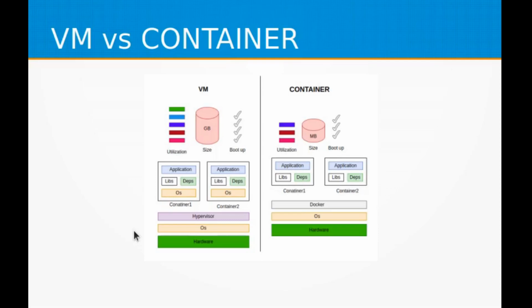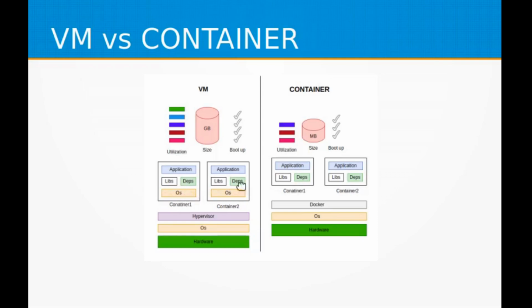The hypervisor can be ESX or some other kind of virtualization technique which powers the virtual machine to distribute the host resources. Virtual machines have their own OS inside them. So this is a virtual machine, and it has its own OS at the bottom.